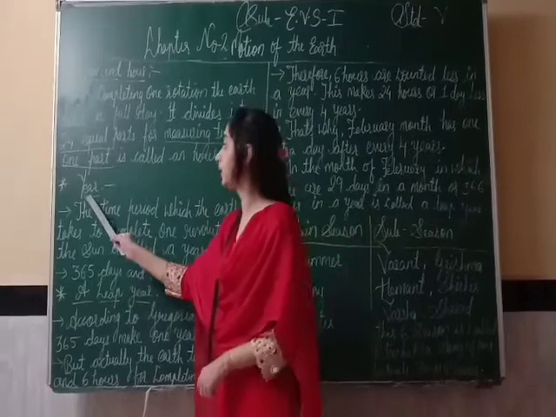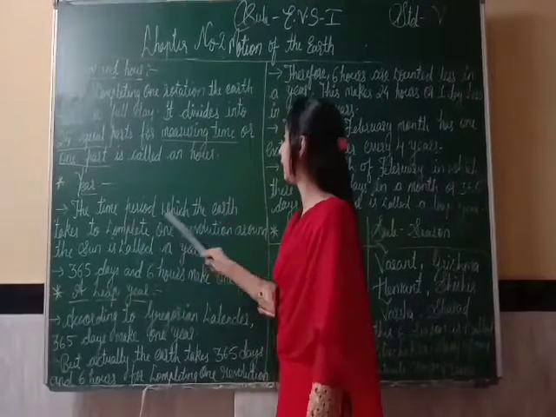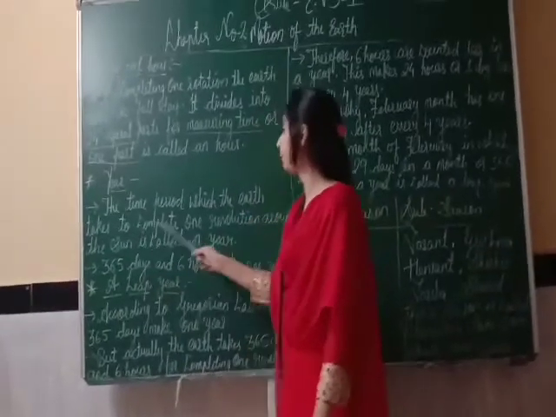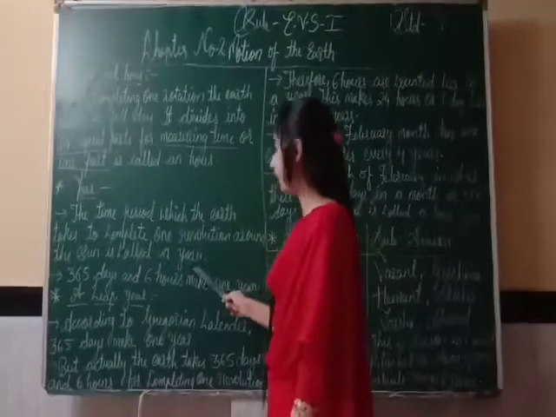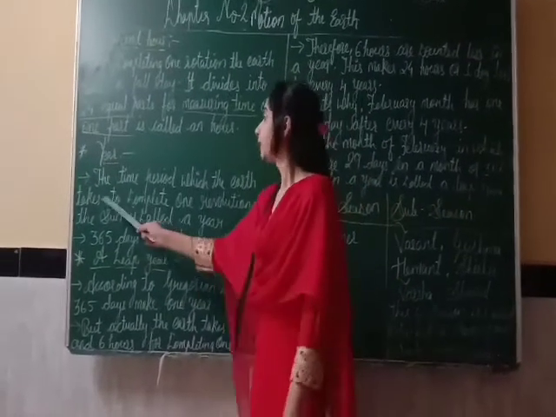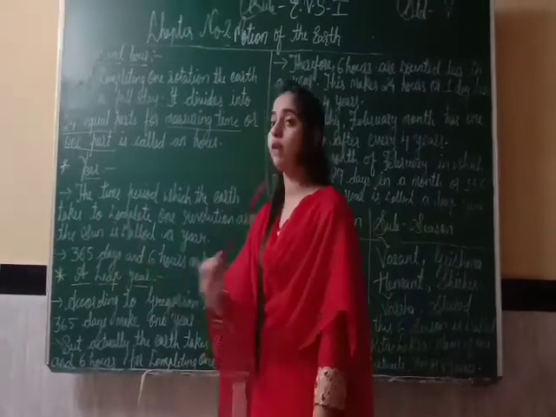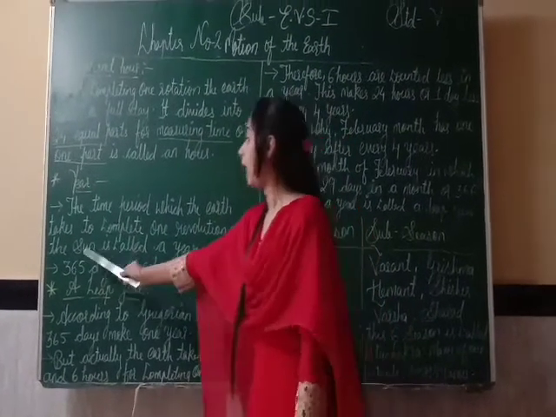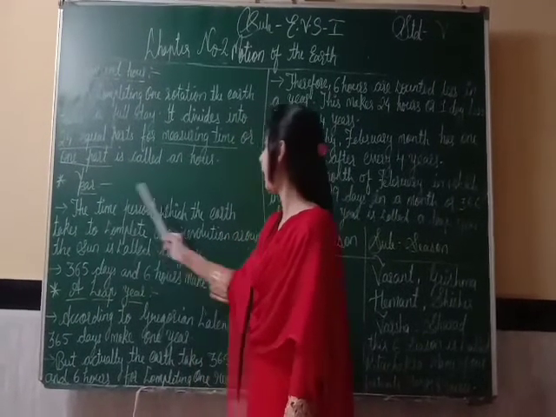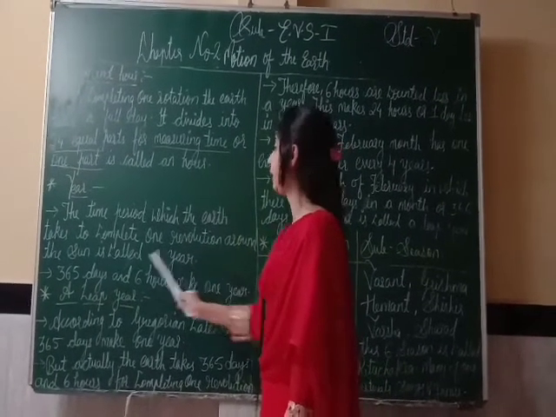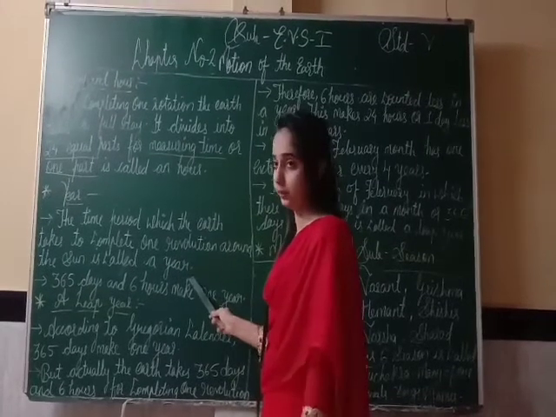The next is year. The time period which the earth takes to complete one revolution around the sun is called a year. It means that when the earth completes one revolution around the sun, it is known as a year.